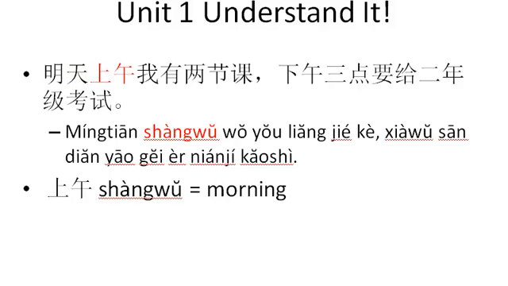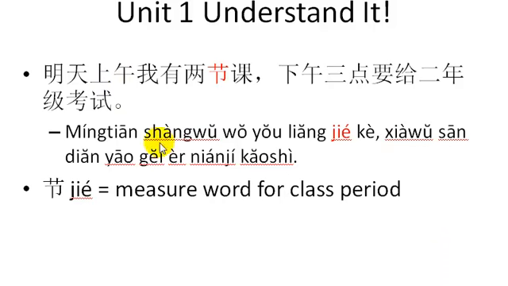Let's find out. 明天上午我有2节. 节. Okay, 节 is a measure word, just like 位 for person or 个. This is a specific measure word that's used for a class period.